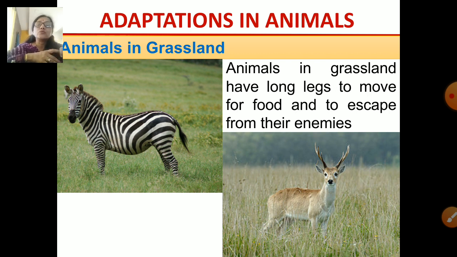Okay, they have to move to find their food, and for that reason they have got long legs to move fast, and also they can use this fast running to escape themselves from their enemies, right? They have also got other senses with which they look for their food, and also they look for their enemies. If any enemy is there, they can protect themselves.